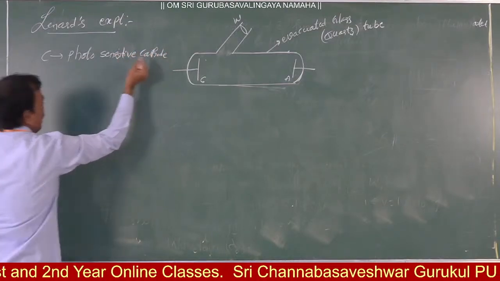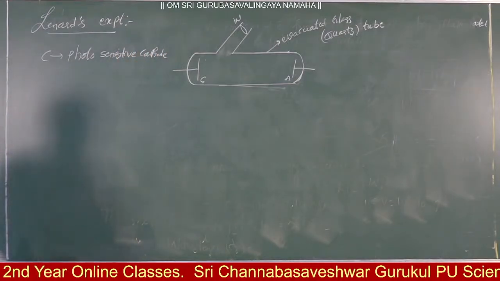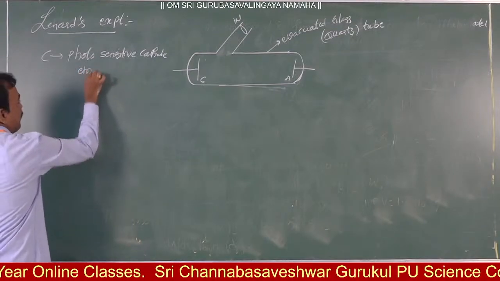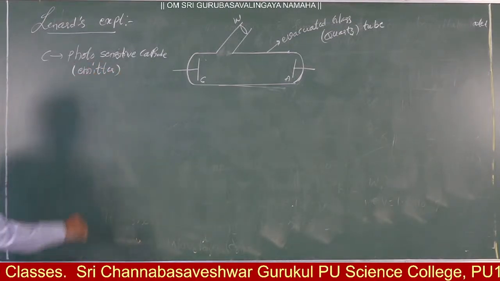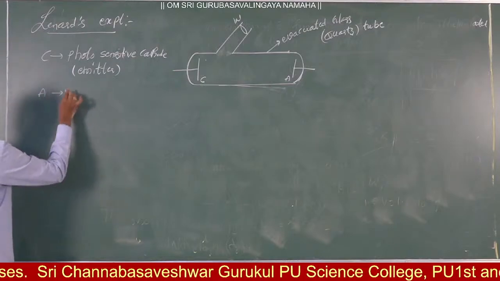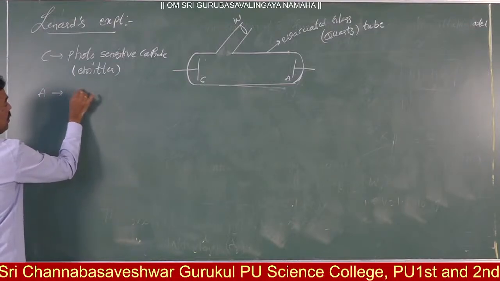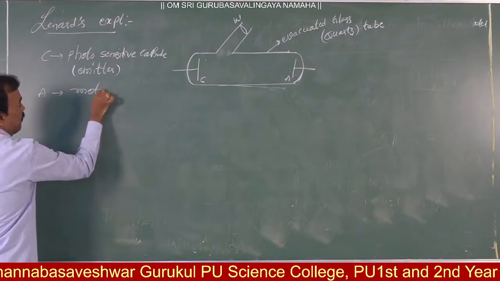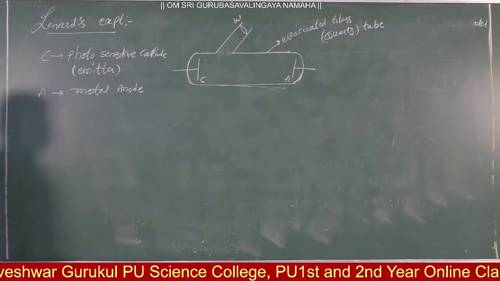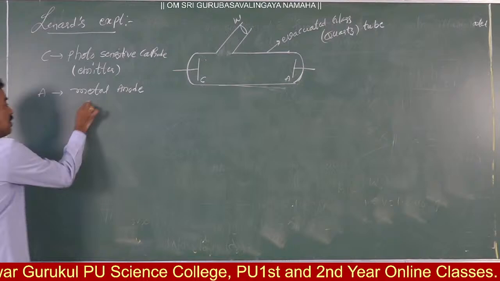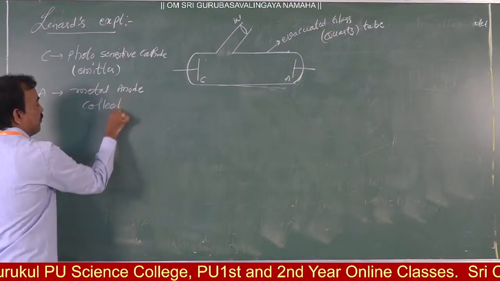This is the emitter, to emit the electrons only, hence it is also known as emitter. A is the anode, to collect the electrons, so this is also known as collector.